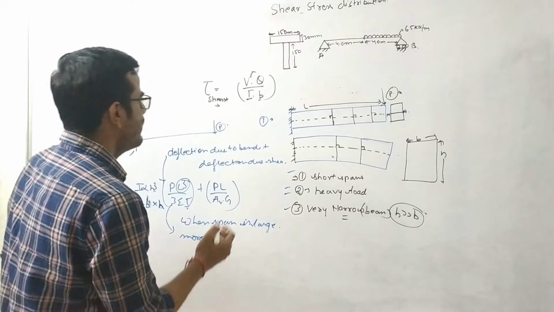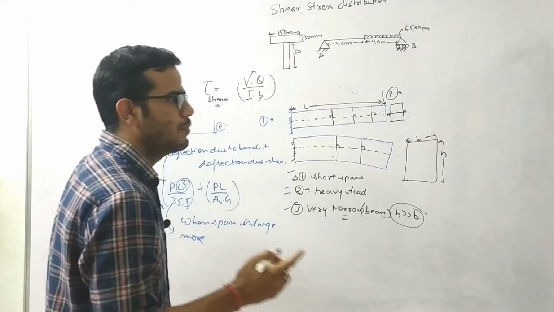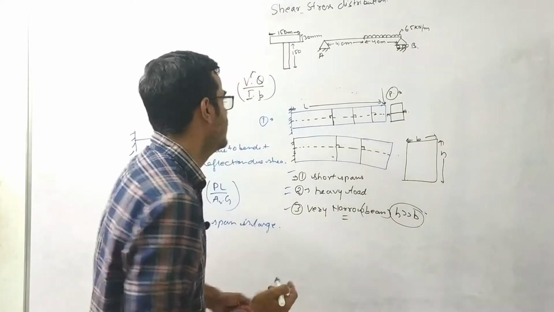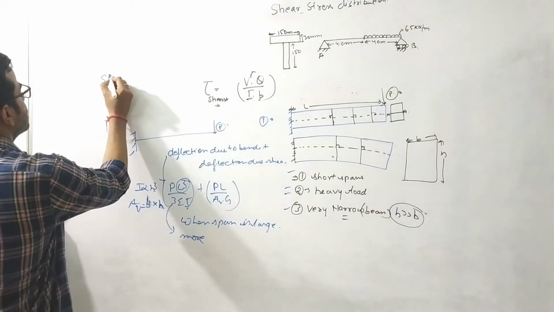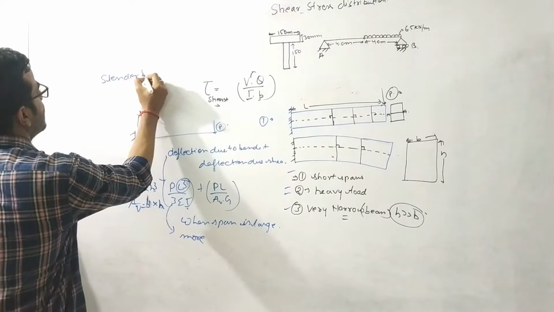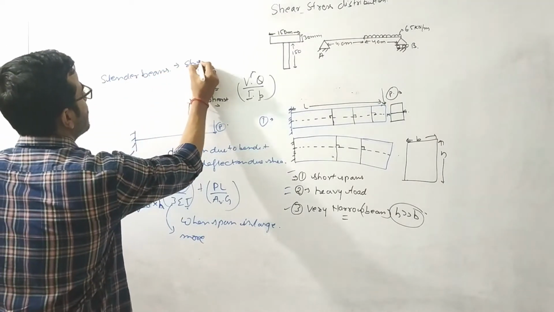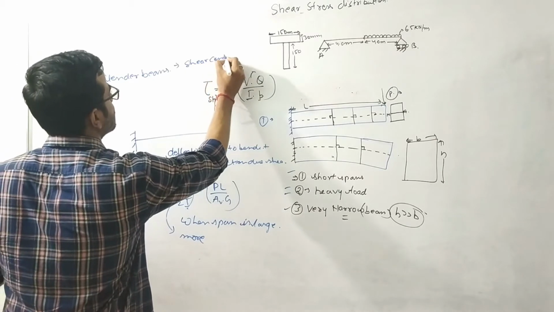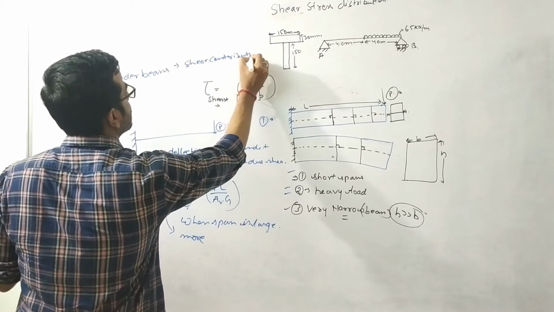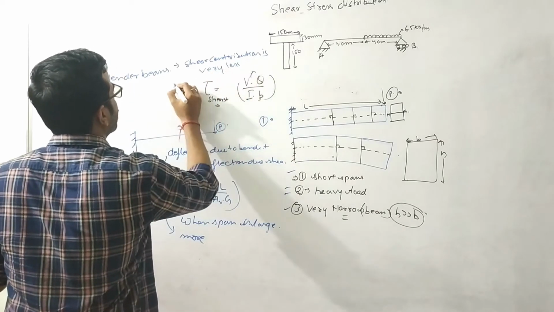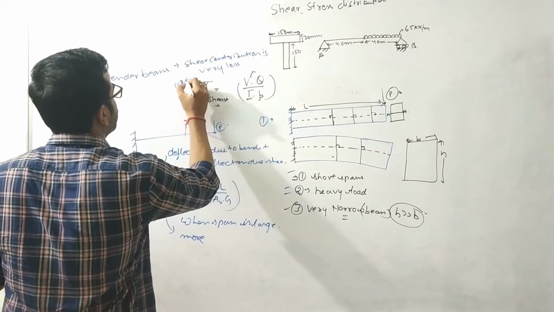In the previous cases, in the slender beams, the shear contribution will be very less, like around 1 to 2% maybe.